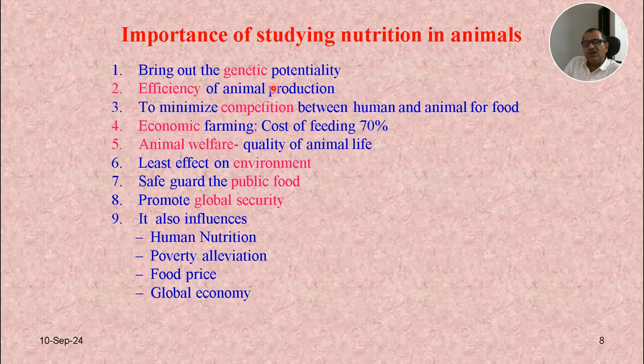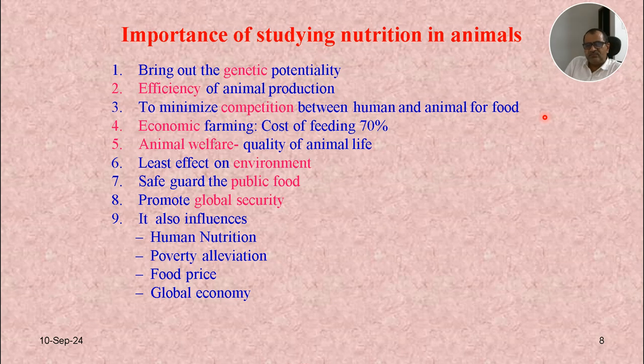And the third is to minimize competition between human and animal for food. Why we need to study nutrition is that there is always competition between some animals and human beings, but livestock are the ones which do not compete for human food.